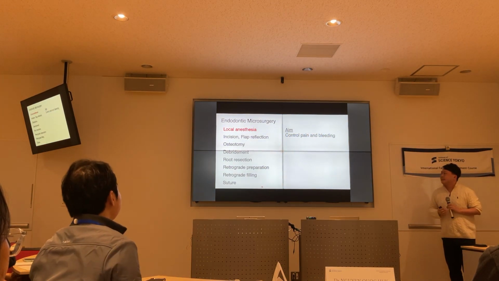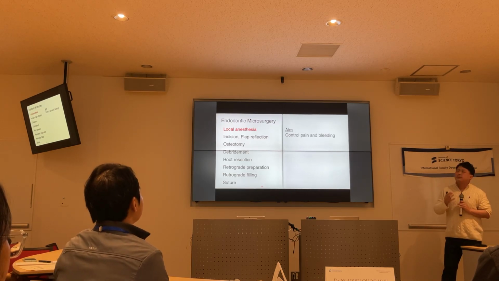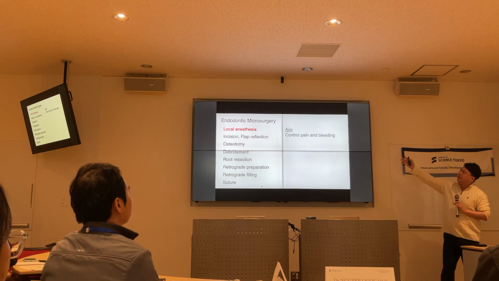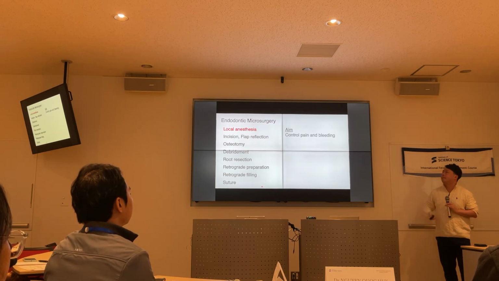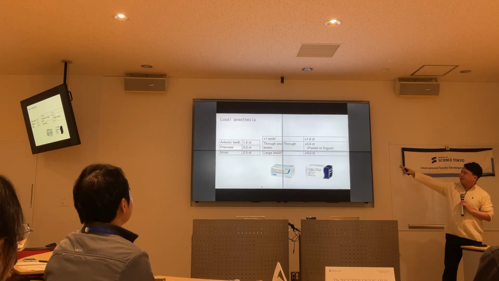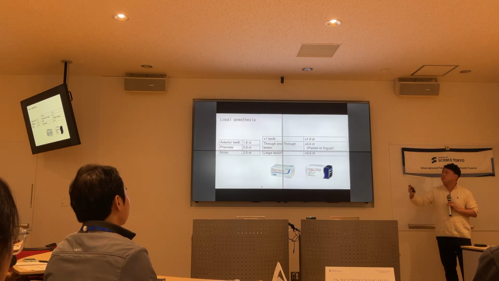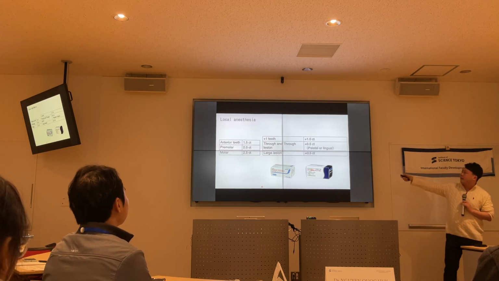At first, local anesthesia. The aim is to control pain and bleeding. Controlling pain is of course important, but controlling bleeding is a very important point in this step. In anterior teeth, I use 1.5 cartridges, or 2.5 for premolar to molar. If we do 2 or more teeth, I add 1 cartridge.